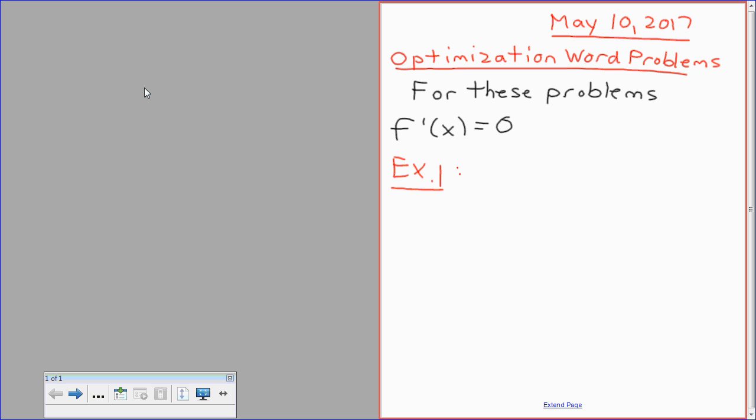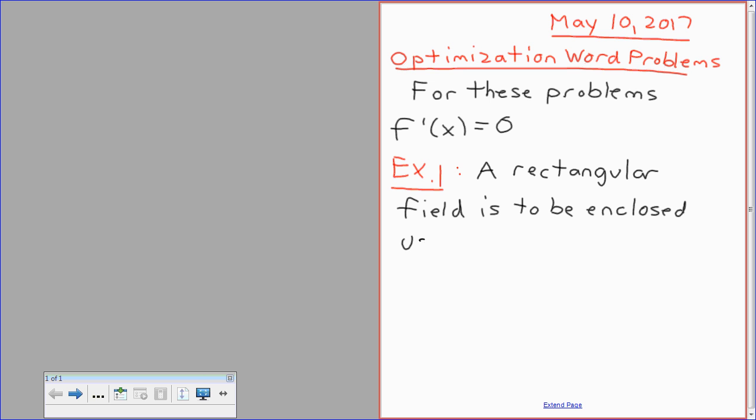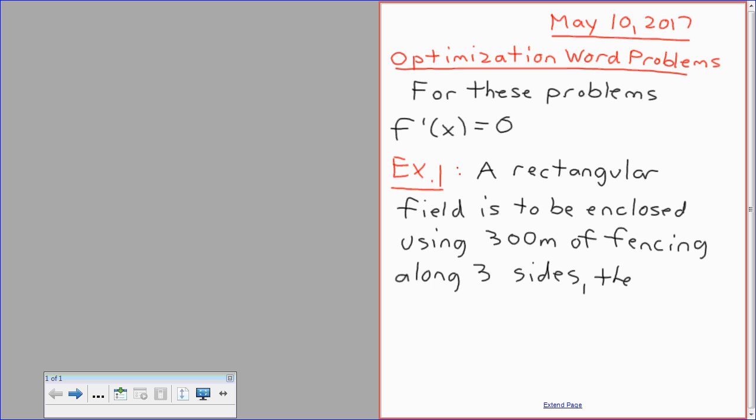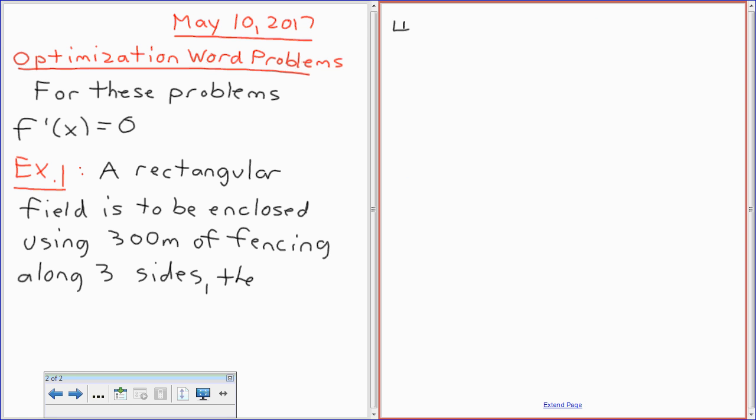A rectangular field is to be enclosed using 300 meters of fencing along 3 sides, the fourth side being a natural embankment.